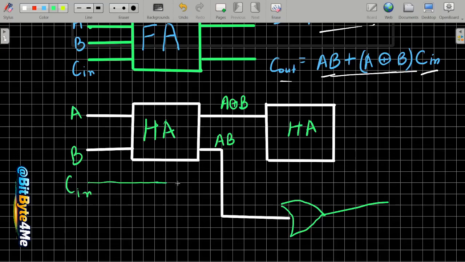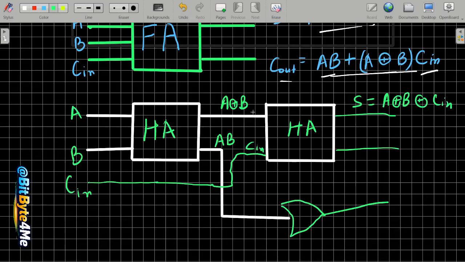So one input goes to this half adder. This is C in. The half adder will give us two outputs. One is the sum. Sum will be the first exclusive OR plus the exclusive OR of the second input, that is C in.